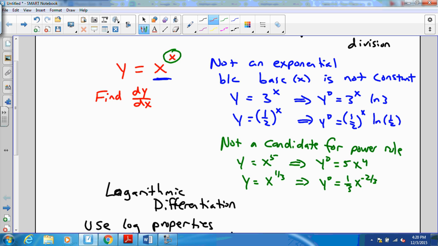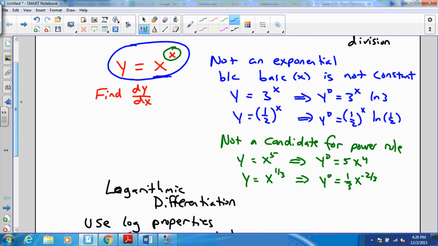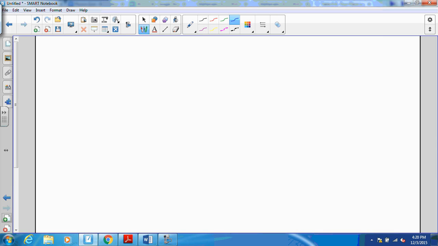Let me show you how that works with our particular function. The basic plan is I'm going to take the log of both sides of this equation, and then I'm going to use log properties to simplify, and then I'm going to use implicit differentiation. Watch how this works out. If we begin with y equals x to the x, and I'm trying to find dy/dx, I'm first going to take the natural log of both sides of this equation.